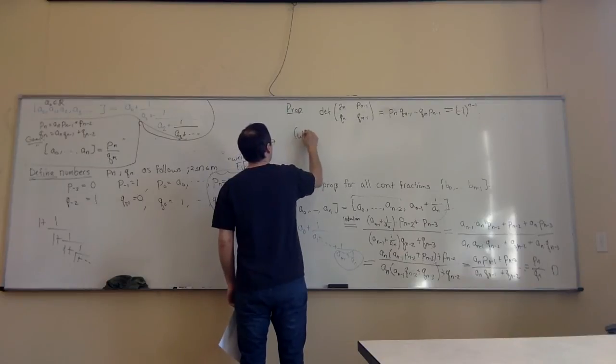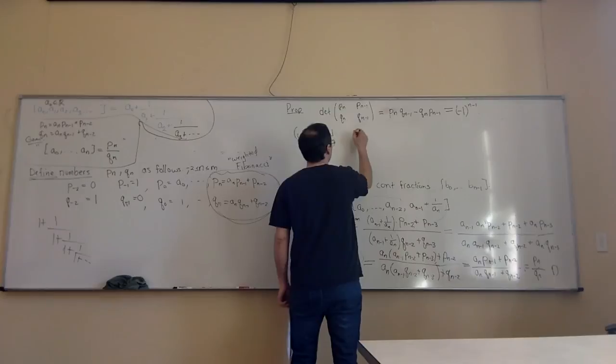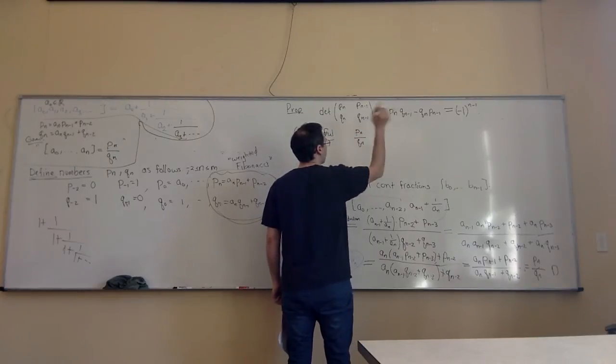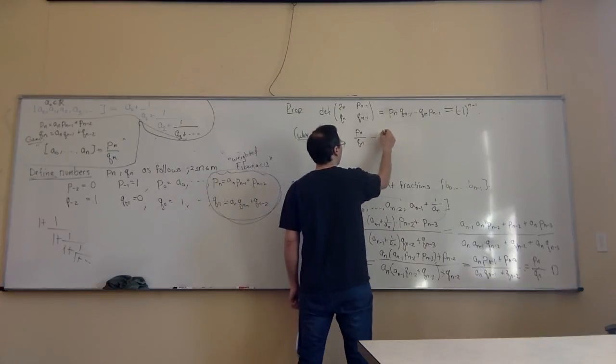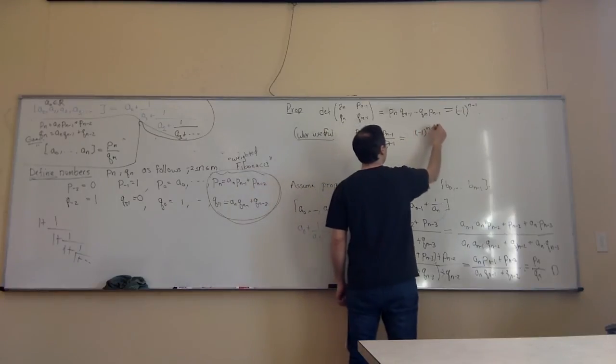So why useful? One reason it's useful. Just divide both sides by Qn minus 1. So you get Pn over Qn minus Pn minus 1 over Qn minus 1 is equal to minus 1 to the n minus 1 over Qn Qn minus 1.